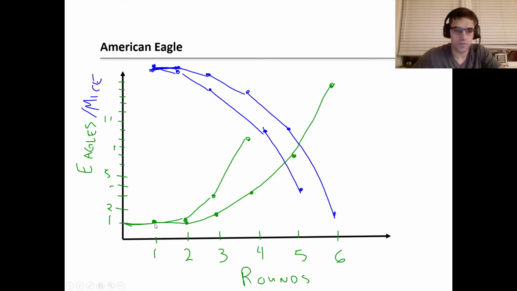For one of the games, we had 1 eagle in round 1 and 1 eagle still in round 2, and then 2 eagles, and then it grew and grew and grew. The other game, we had 1 eagle in round 1 and then 2 eagles in round 2 because that person tagged someone the first round, and then it grew from there. The eagle population growth here is an example of exponential growth.